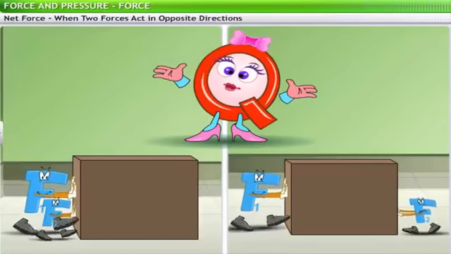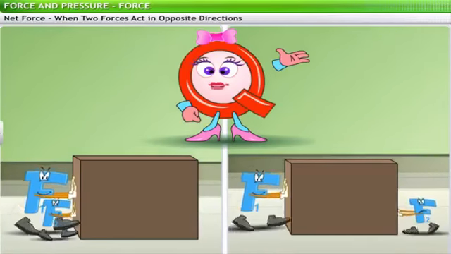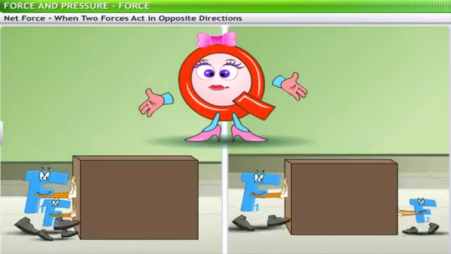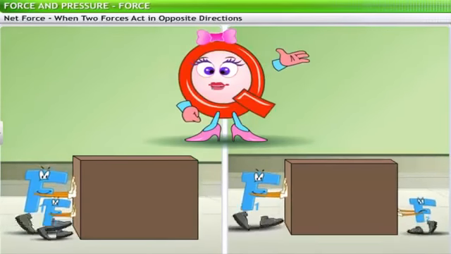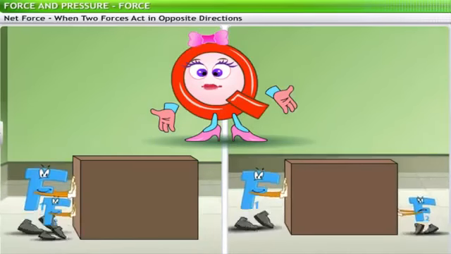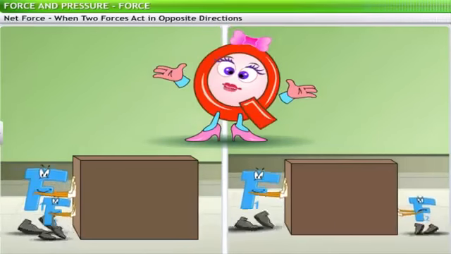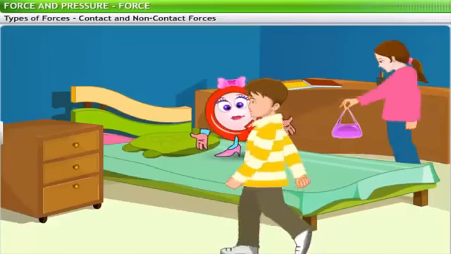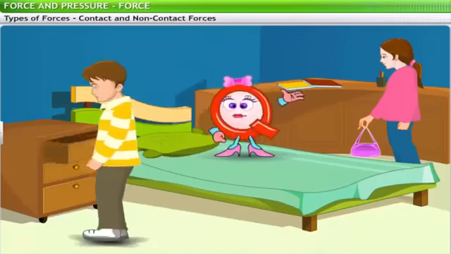Therefore, net force is the sum of all the forces acting on the body. The magnitude and direction of the net force on the body depends on the magnitudes of the individual forces and their directions.